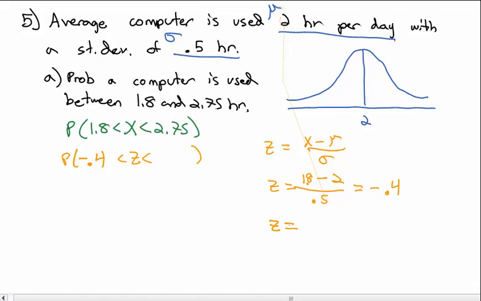Same thing with the 2.75. We need a z value. So 2.75 is the x, minus mu, which is 2, divided by the standard deviation, which is 0.5. So 2.75 minus 2 is 0.75, divided by 0.5 is 1.5.